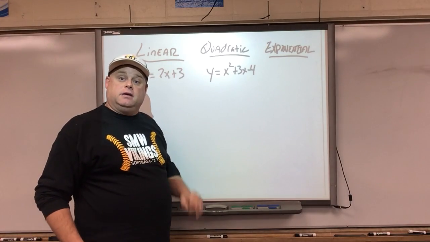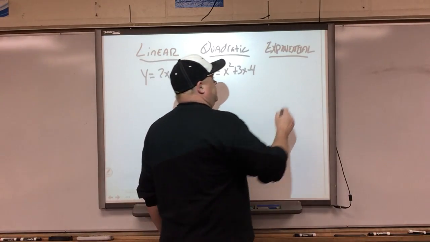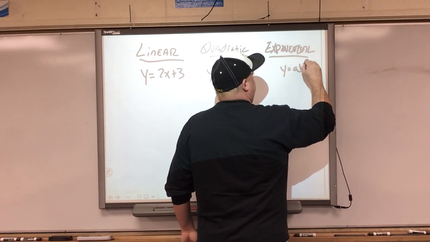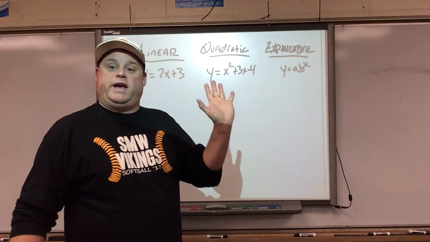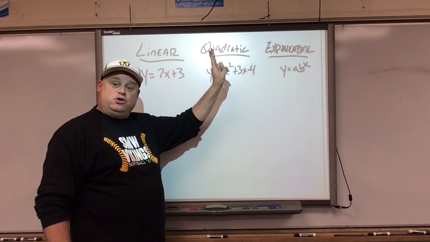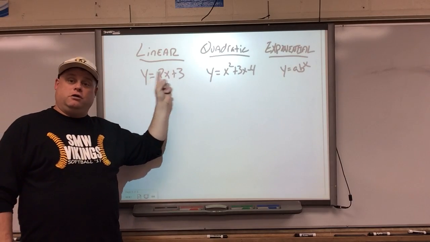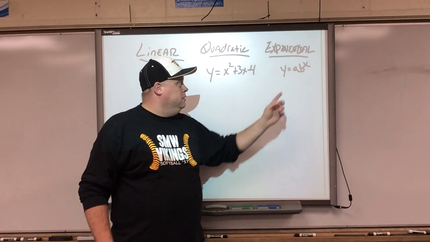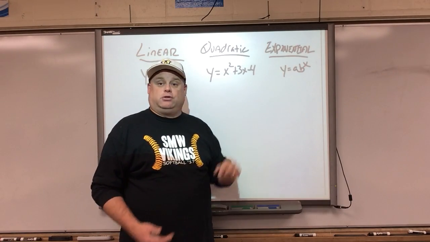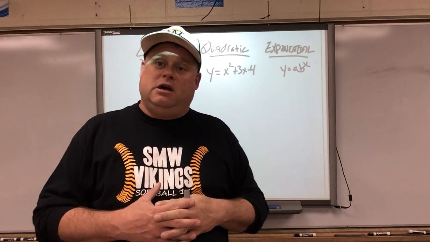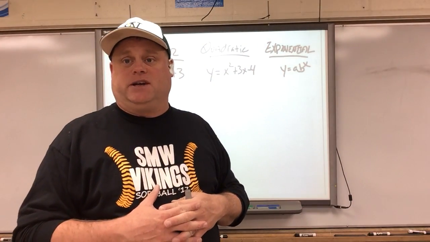That's quadratic. And then exponential is going to be like what we just did. Y equals a b to the x power. It's raised by the x power, okay? So quadratic raised by 2. Linear, no power up top, right? Nothing other than a 1. And then exponential raised to the x power. You're going to have 6 problems dealing with that. We'll talk about that more later, but there are 6 of them on there.